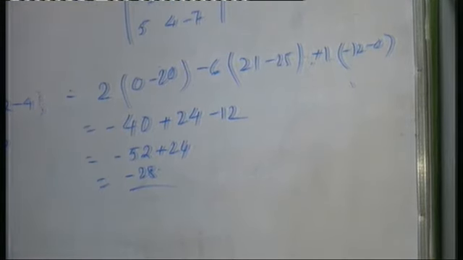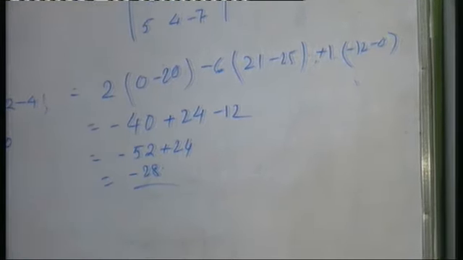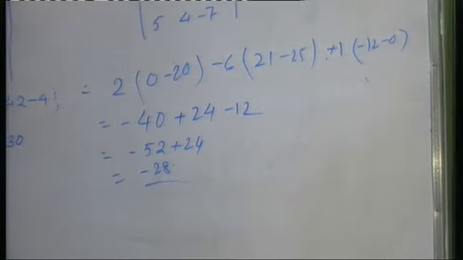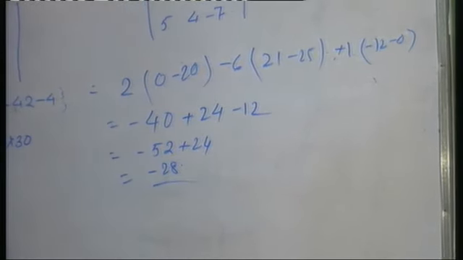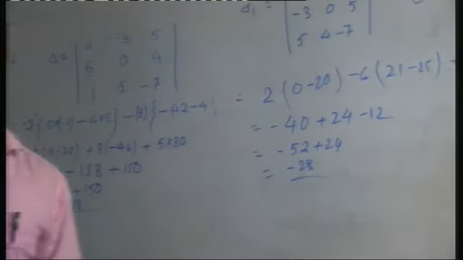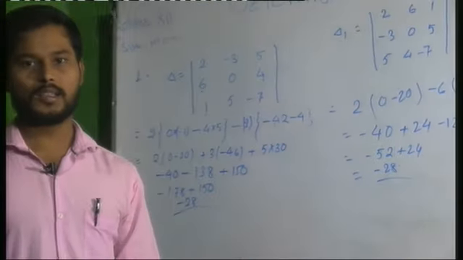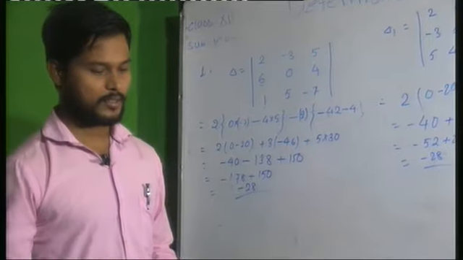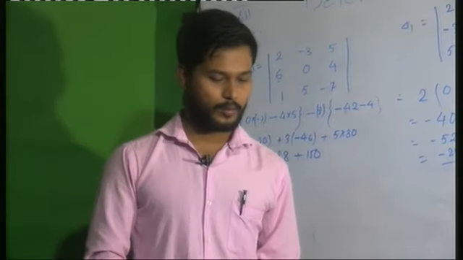So you can see that the value of the determinant does not change if you write the row into column. Means if we interchange the row and column, then the value of the determinant does not change. So this is property number 1.